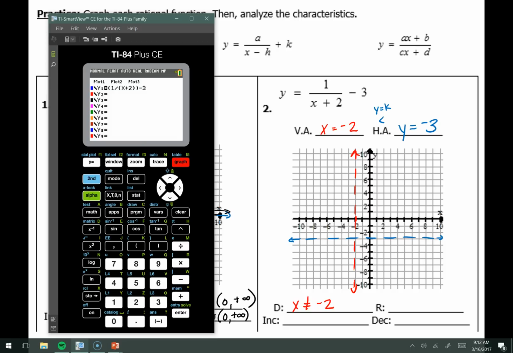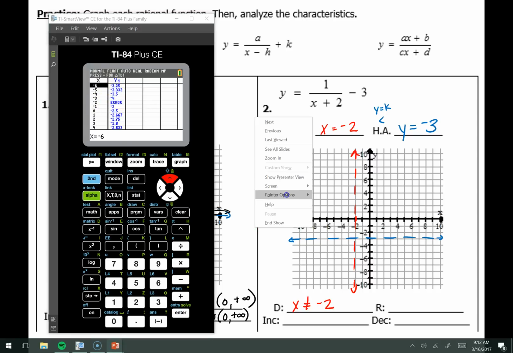I'm going to hit second graph to see where things are happening. I'm going to pick nice points here. Now I have my vertical asymptote there at x is equal to -2, so let's pick some things on the left and right. I have -3, -4. So down to -3 and then down to -4. That puts me there. And I have -4, -1, 2, 3.5, which is going to put me there.